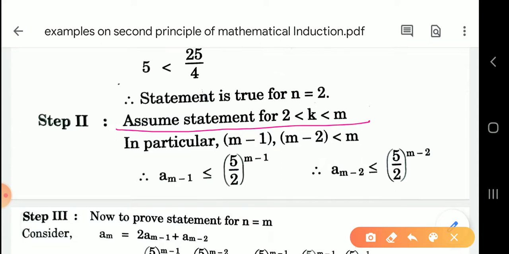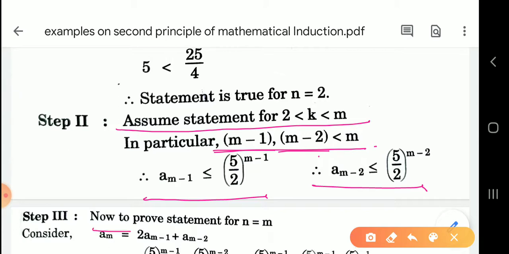If it holds for m, then m minus 1 and m minus 2, this is a very important step, m minus 1 and m minus 2 are less than m. Therefore a(m-1) is less than or equal to 5 by 2 raised to m minus 1 and same a(m-2) is less than or equal to 5 upon 2 raised to m minus 2, since our statement holds for m minus 1 and m minus 2.